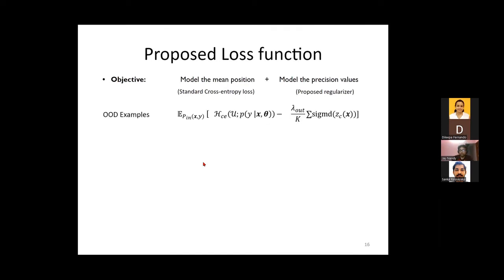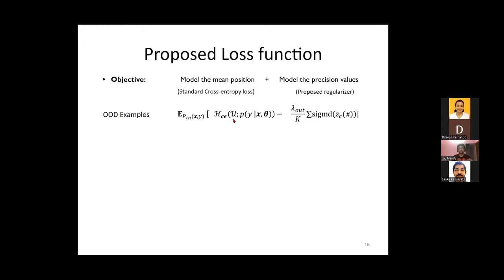Now, if we want to model an out of distribution example, then we take the cross entropy loss function, and we want to say that the model is equally uniform across all the classes. We model this again by cross entropy between the uniform distribution and the output probability of the neural network.